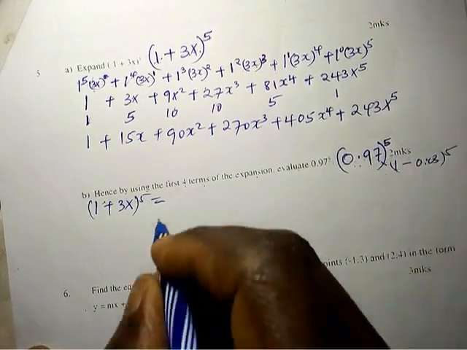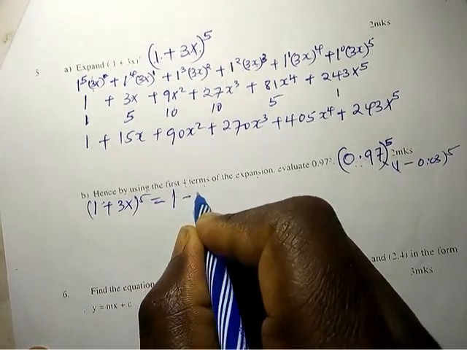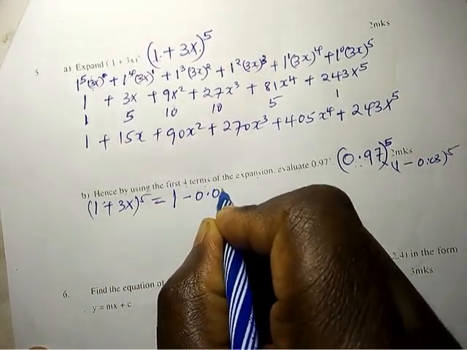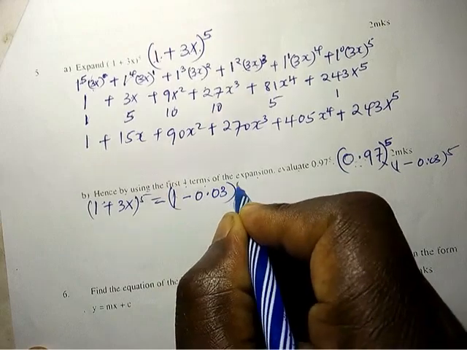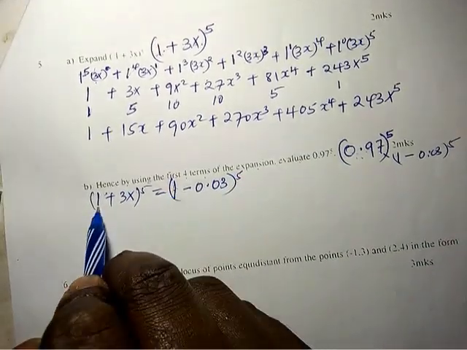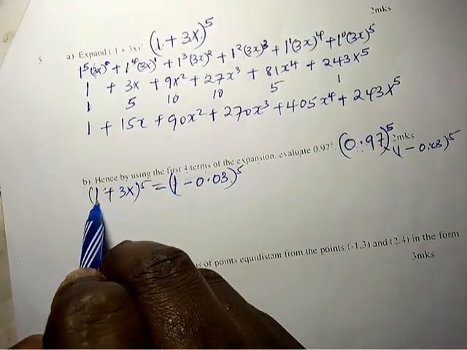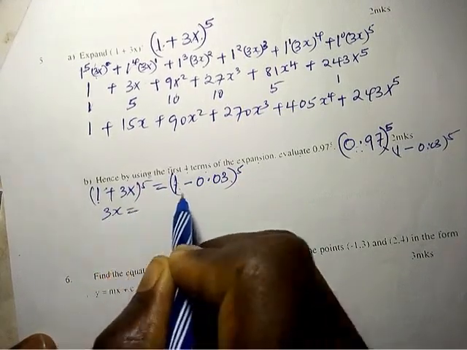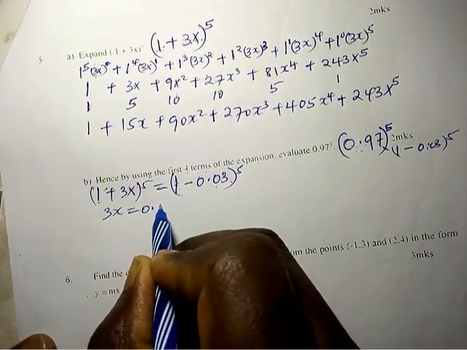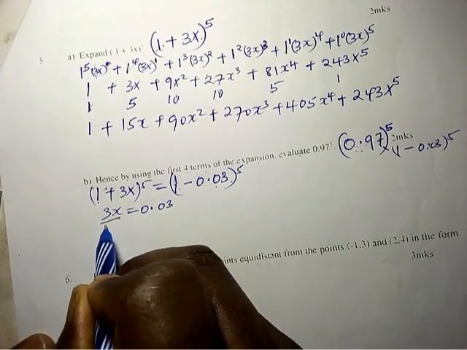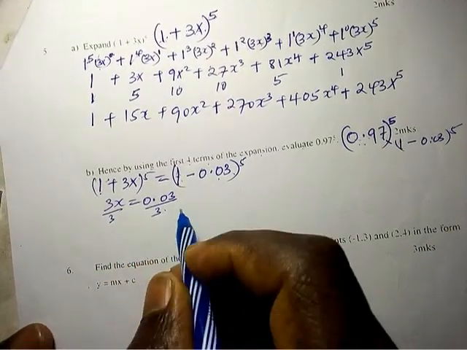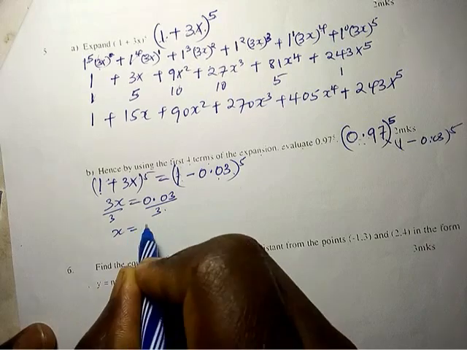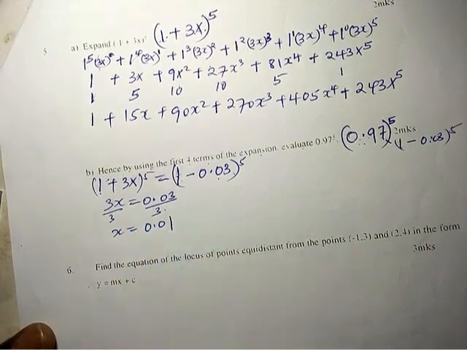So we compare: 1 is equal to 1, that's fine. Then 3x is going to be equal to 0.03, meaning x we divide by 3. So x equal to 0.01.